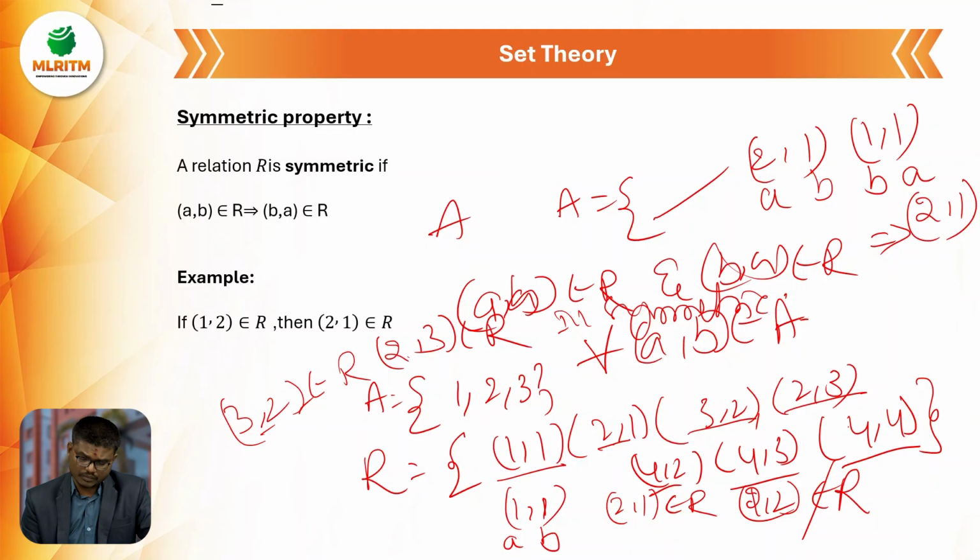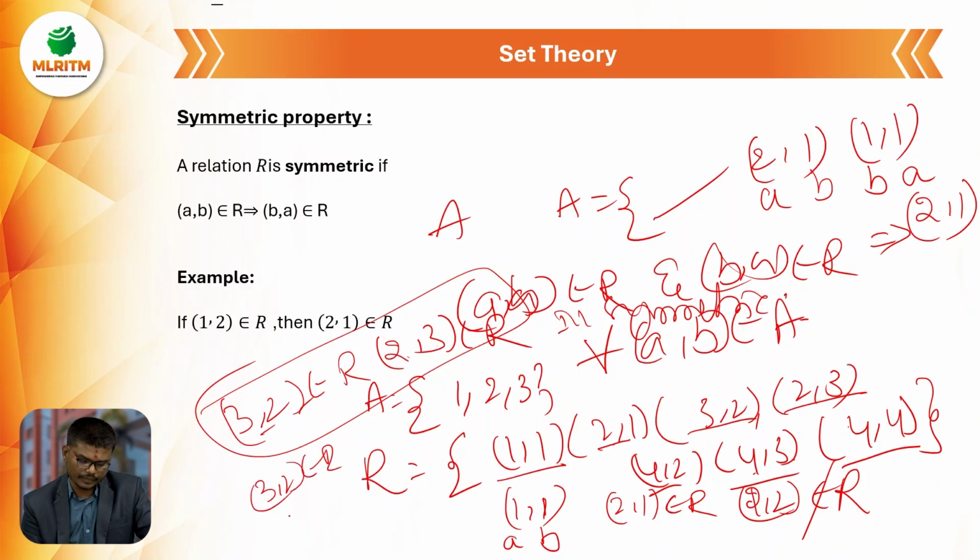And 4 comma 2 belongs to R but 2 comma 4 does not, and 4 comma 3 belongs to R but 3 comma 4 does not belong to R. So only one pair is satisfying, 3 comma 2 belongs to R and 2 comma 3 belongs to R. It is satisfying the symmetric property.